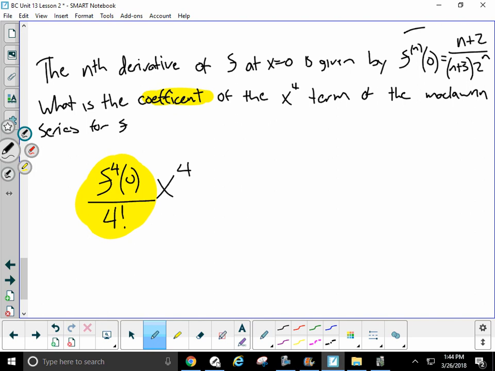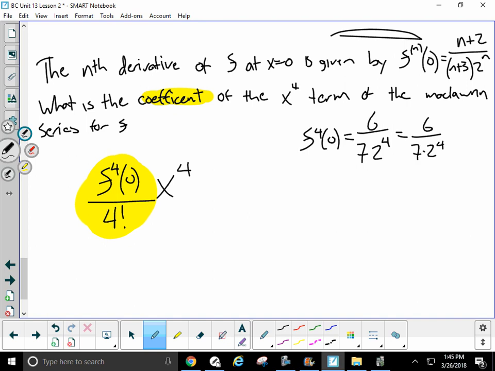I will use this, which is an expression of the nth derivative, to find the 4th derivative. 4 plus 2, that gives me a 6. 4 plus 3, that's 7. 2 to the 4th is 16. So this is 6 over 7 times 2 to the 4th. I'm not even going to simplify that.